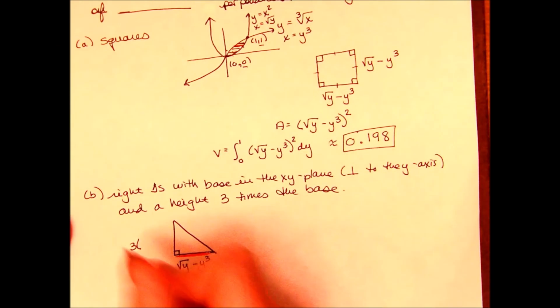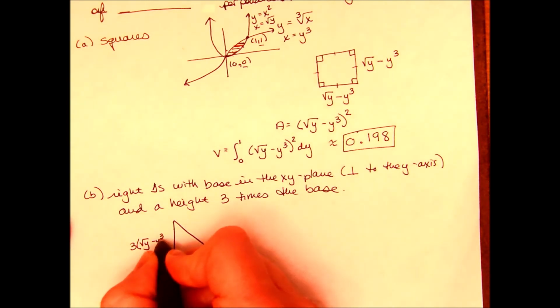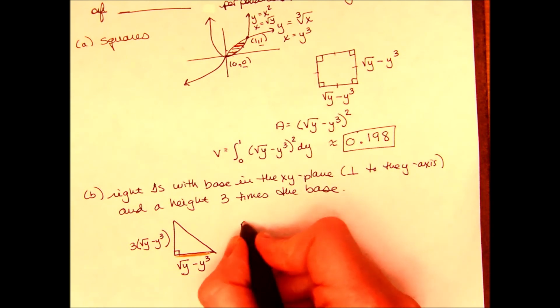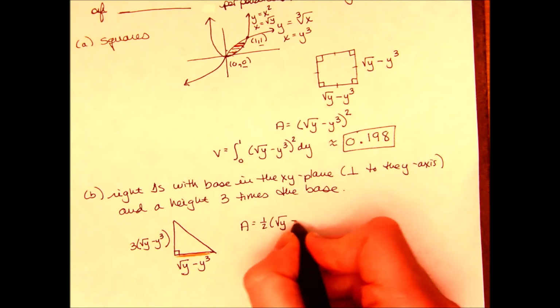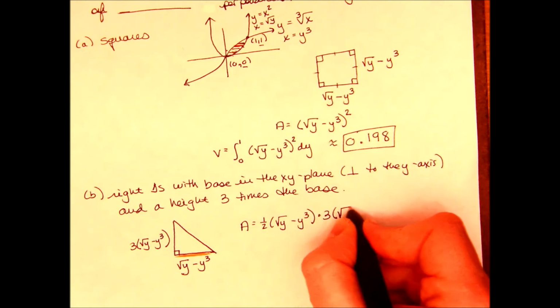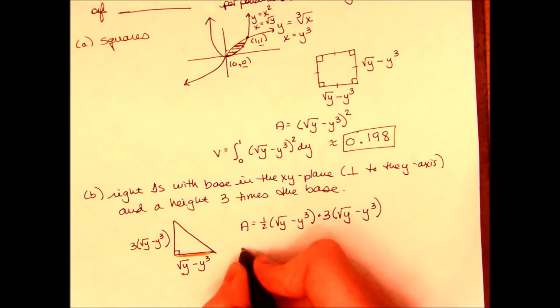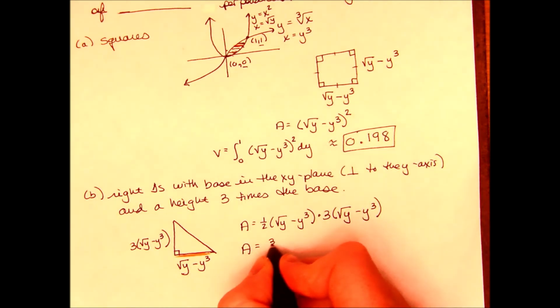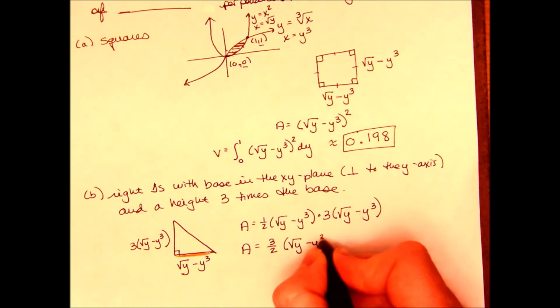So I'm going to say 3 times, in parentheses, square root of y minus y cubed. The area of that triangle is 1/2 base, square root of y minus y cubed, times height, so times 3 times the square root of y minus y cubed. We can condense this and turn it into A equals 3/2 times square root of y minus y cubed, squared.